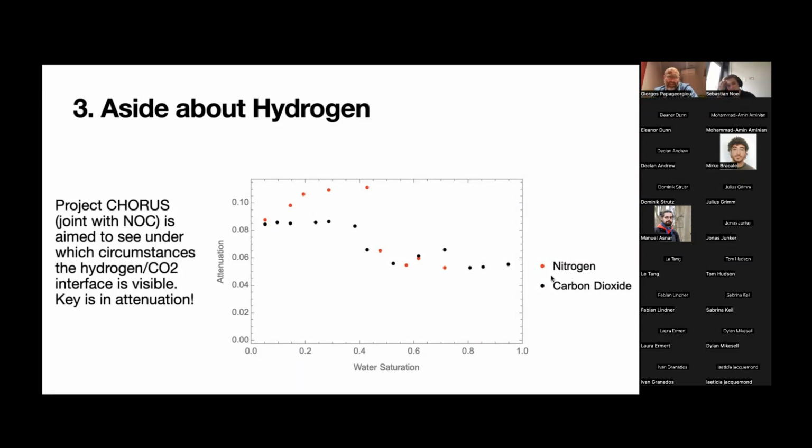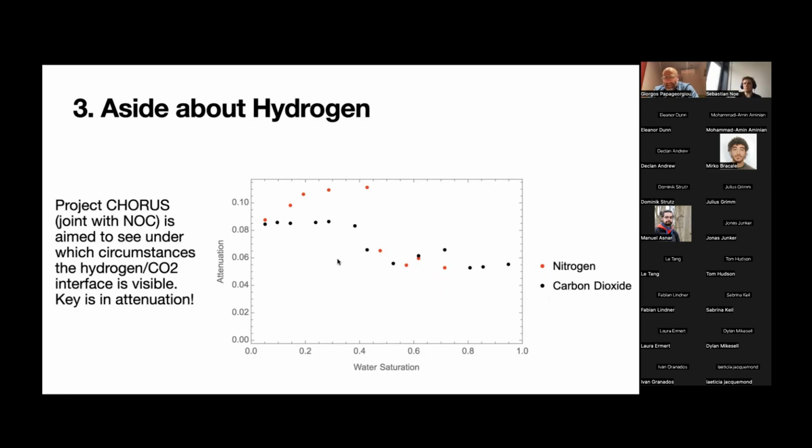He would make a boom noise. So we used nitrogen as a proxy, and we looked at what the attenuation of the same rock is under carbon dioxide and nitrogen, and we saw that there is a little bit of a difference under saturation, and this means that there is a range where this interface would become visible. And that's because there's a contrast in attenuation.